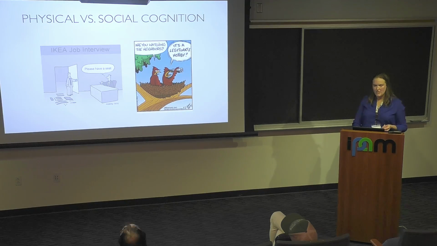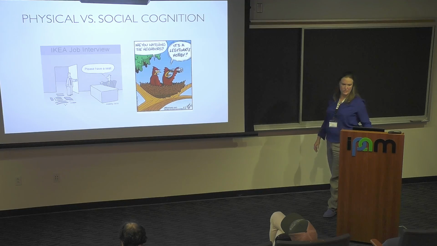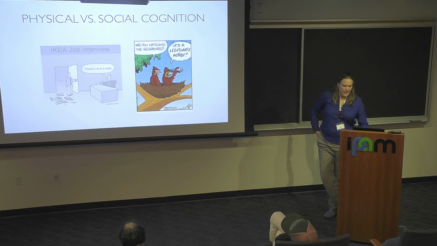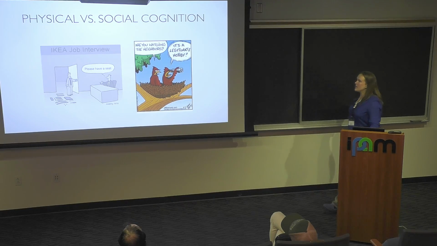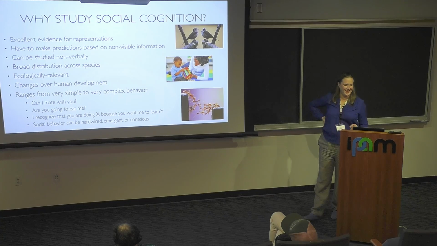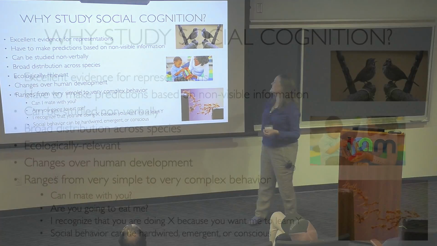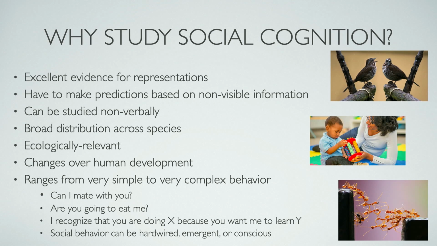So, okay. I would like to take the rest of the time to talk about social cognition. I'm just going to go through pretty quickly why social cognition is interesting, because hopefully you agree with me that it is. I think social cognition is a really excellent area to look for evidence of mental representation in animals.